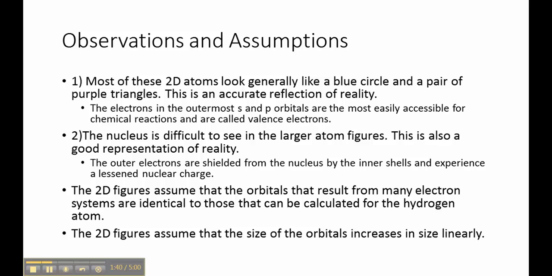The nucleus is difficult to see in the larger atom figures. This is also a good representation of reality because the inner shell electrons shield the nucleus from the outside electrons. So the outside electrons don't really know that there's a nucleus down there in the middle.